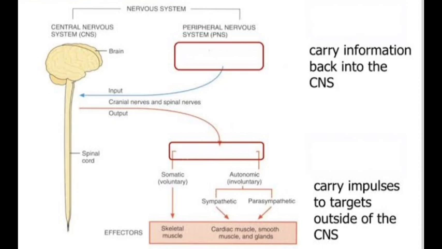Afferent neurons provide sensory input to modulate the function of the efferent division through reflex arcs or neural pathways that mediate a reflex action. Now we see the efferent portion of the peripheral nervous system, which is further divided into two major functional subdivisions, that is somatic and autonomic.